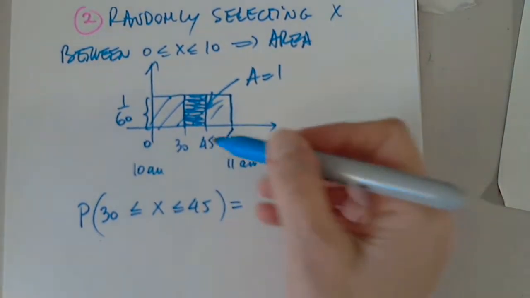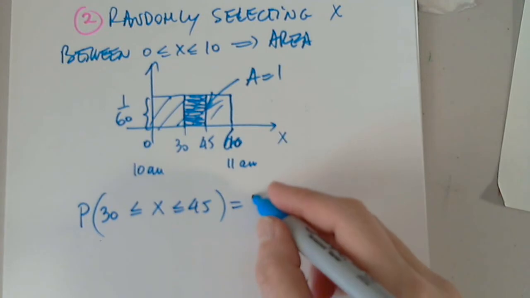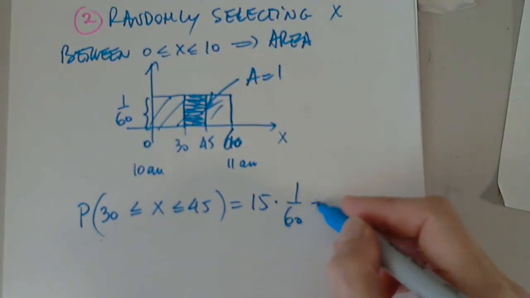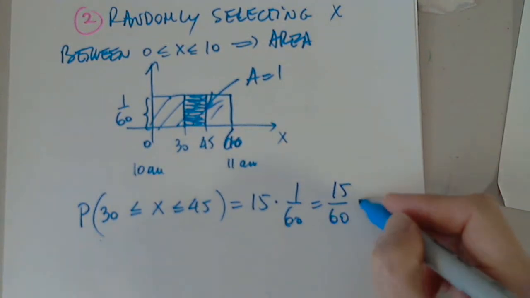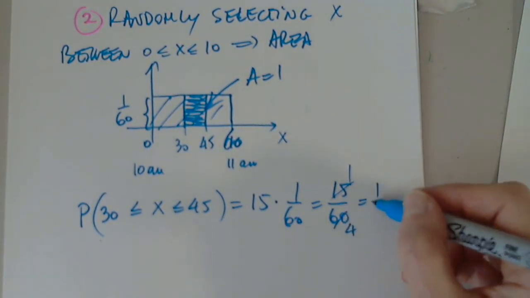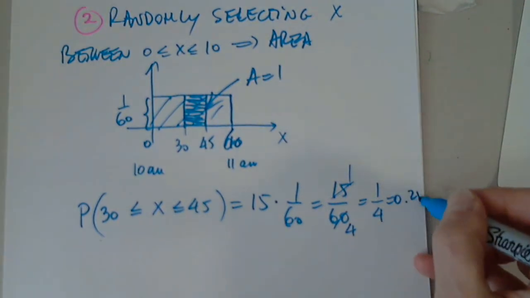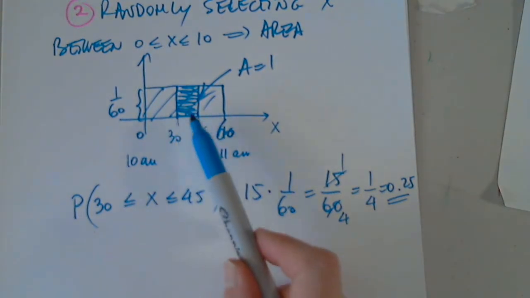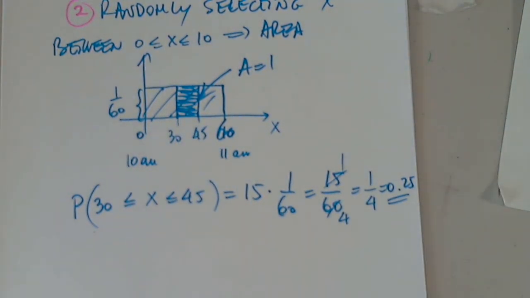So base is 15 multiplied by height, which is 1 over 60. So 15 over 60, when we simplify, we get 1 over 4, or 0.25. So what is the probability that we will get our package between 30 and 45 minutes? 25%.